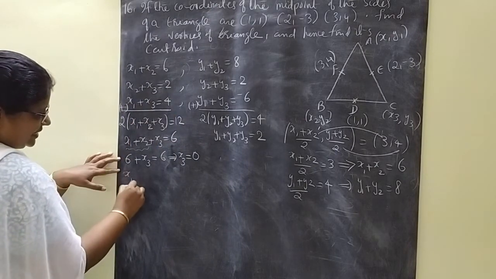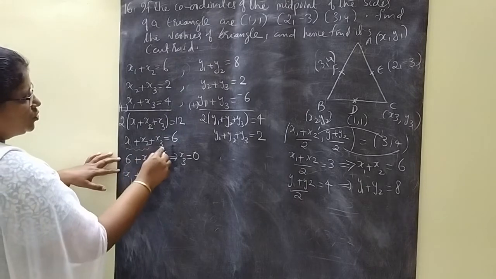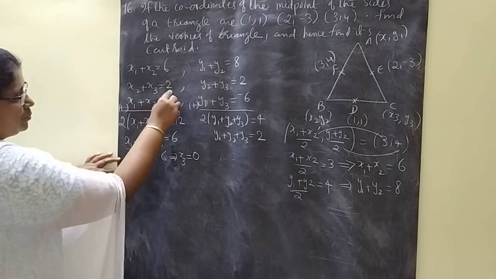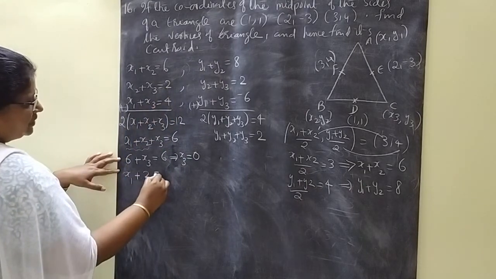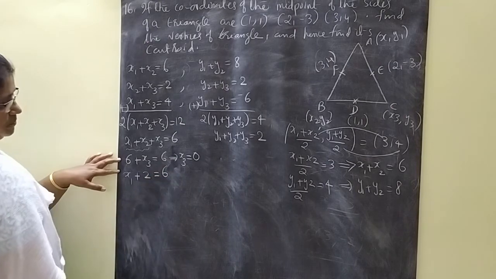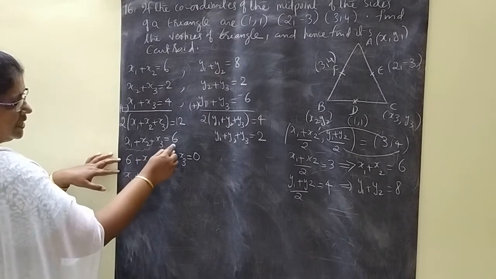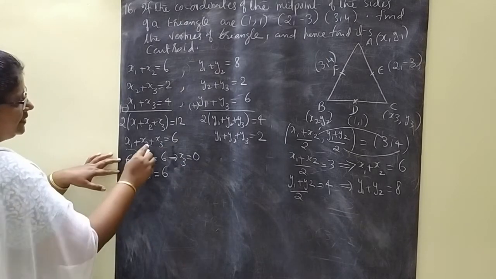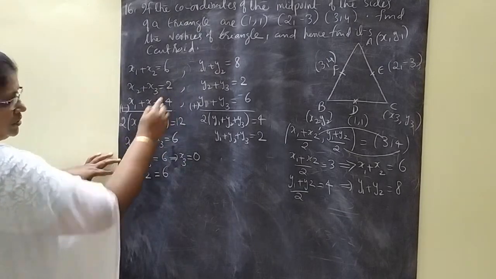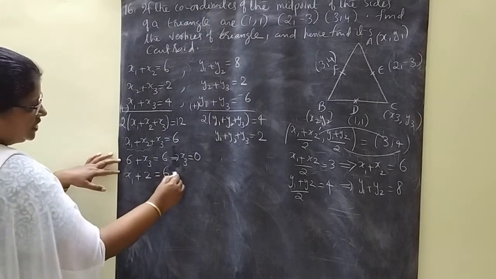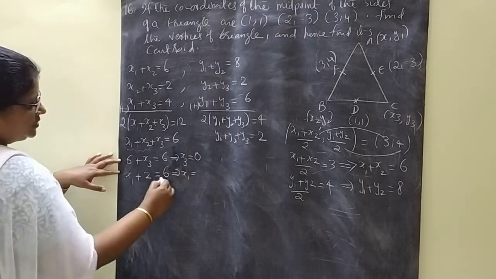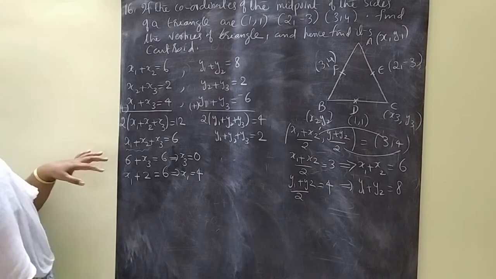So x1 plus 2 is 6, which implies x1 is 6 minus 2, 4.